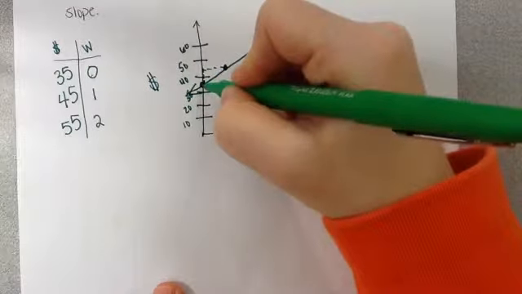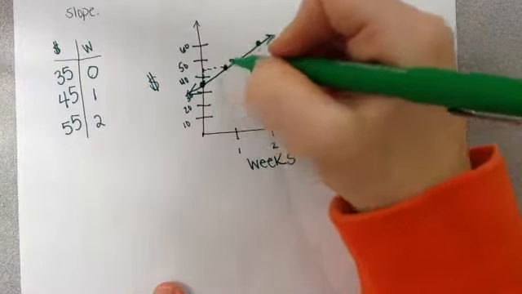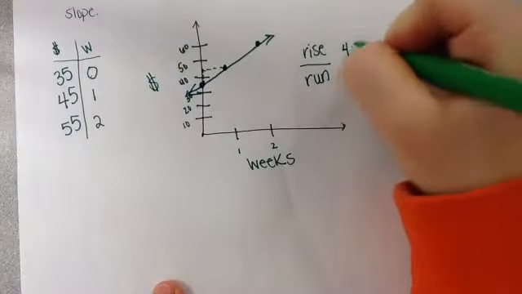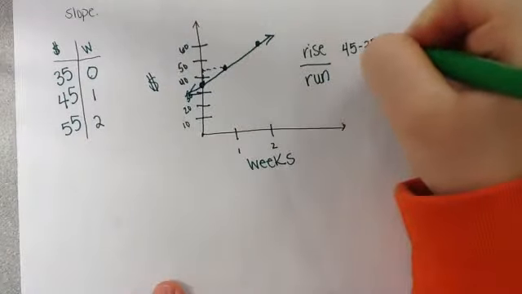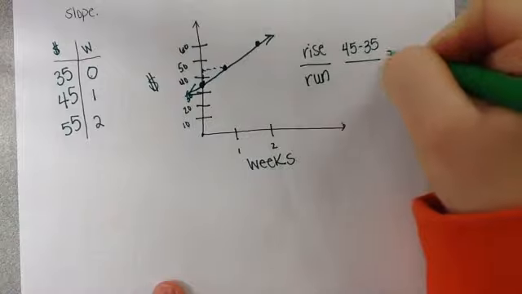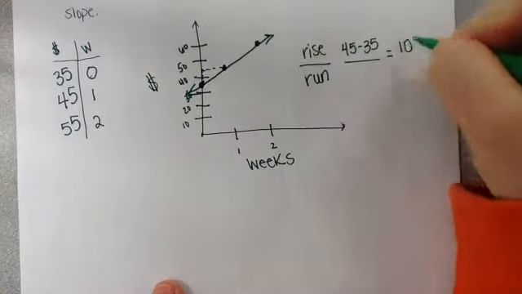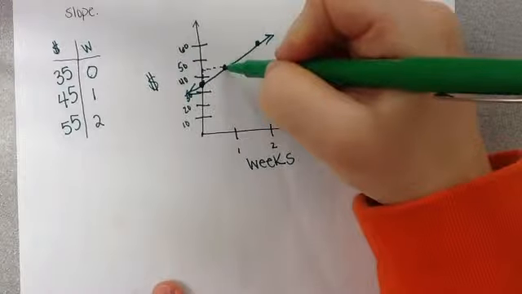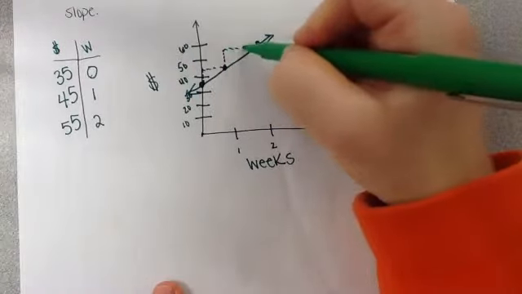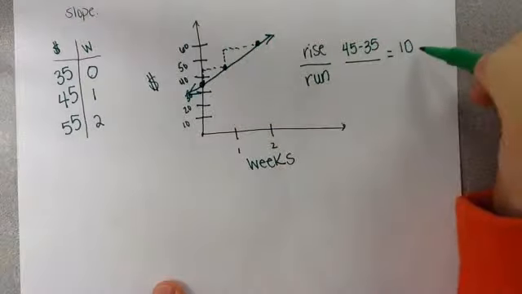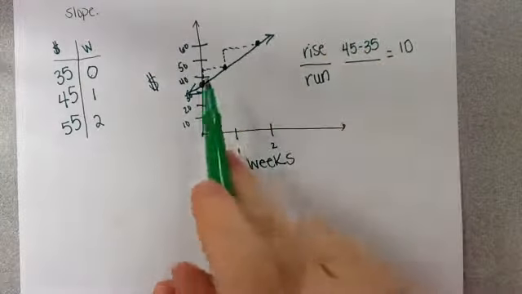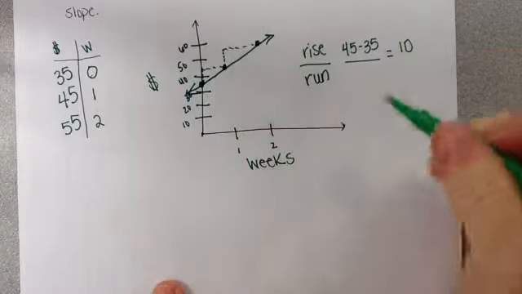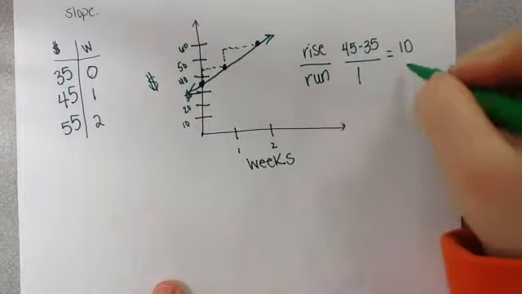I went from 35 up to 45. If you need to, subtract those. We went up by 10. Is that the same here? I went from 45 up to 55. Yes, up by 10. Run. How far to the right am I going each time? 1.